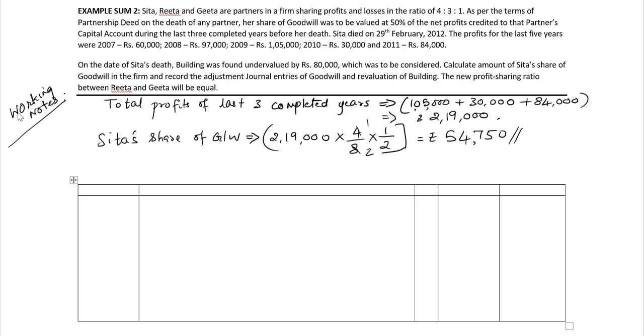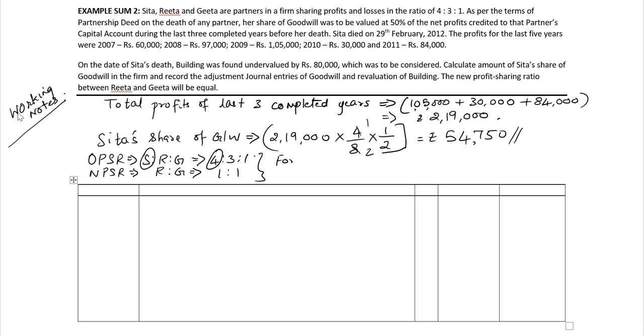Let's find out the gaining ratio. As per the problem, old profit sharing ratio between Sita, Rita and Geeta is equal to 4:3:1. Deceased partner Sita, and the NPSR between Rita and Geeta as per the last line: the new profit sharing ratio between Rita and Geeta will be equal.